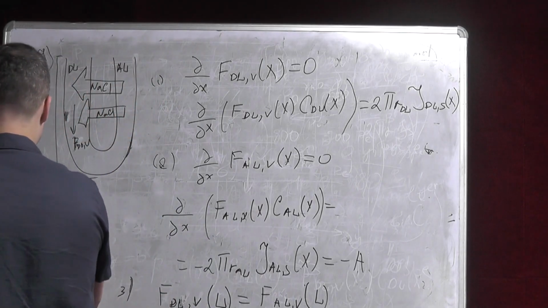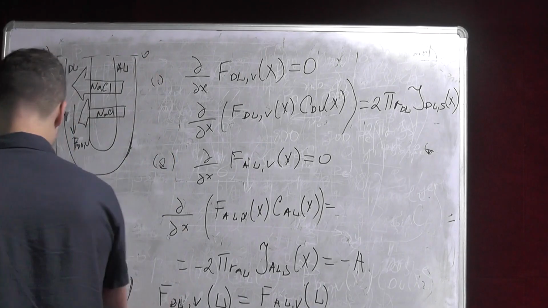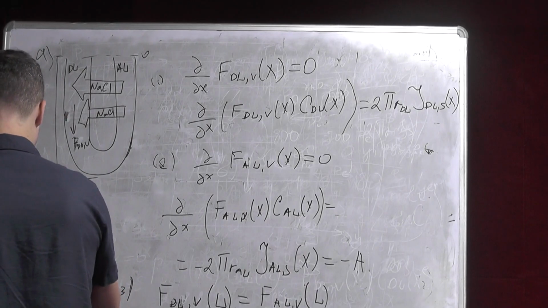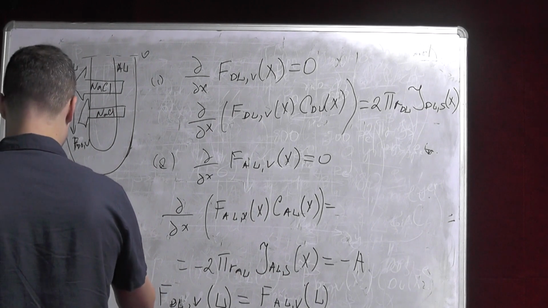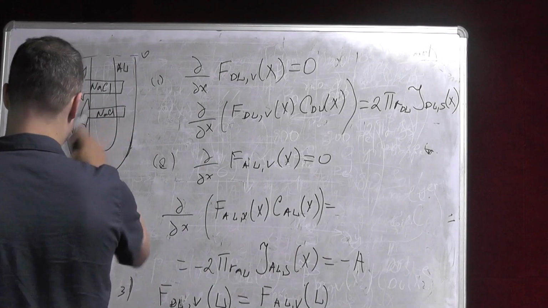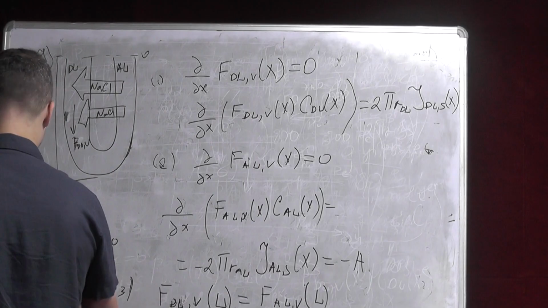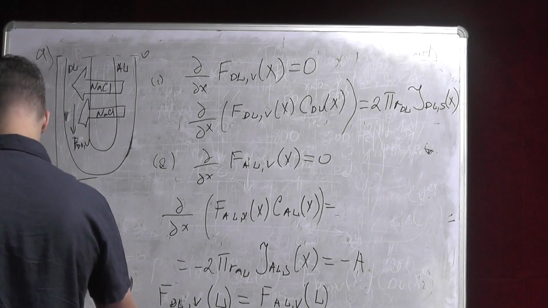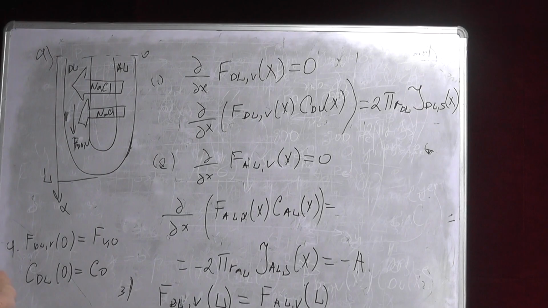Another boundary condition goes for the beginning of this loop at the point 0. Since there is no water flux, we will assume that across the membrane, there is some initial parameter that can be described as water flux at 0.